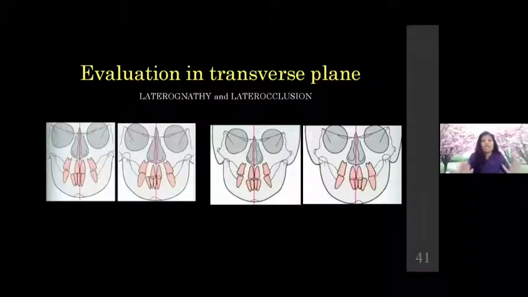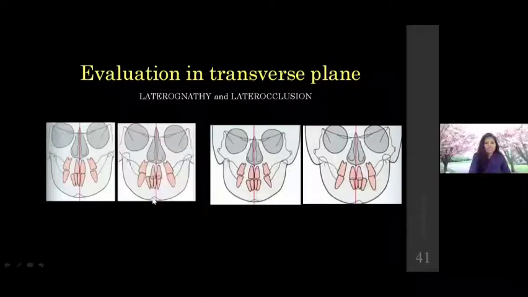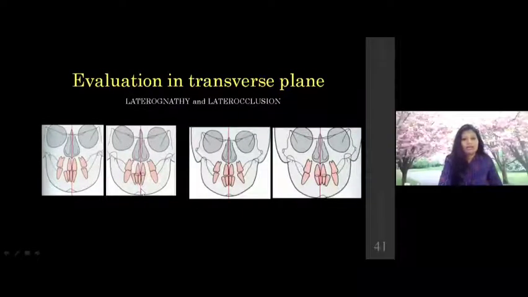But if the midlines are not matching, then we have to diagnose between two things, laterognathy and lateral occlusion. So how do I diagnose laterognathy or lateral occlusion? You ask the patient to occlude and check in centric occlusion. If the midline is not matching with the facial or the maxillary midline in centric occlusion, keep that in mind. Then ask the patient to open the mouth and check the midline.